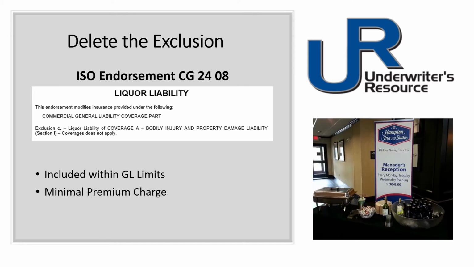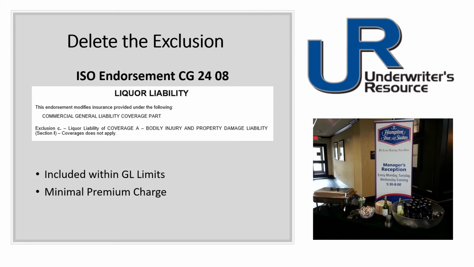The second option would be to delete the liquor liability exclusion. ISO does provide an avenue to do that by utilizing their own endorsement, CG 2408. And if you look at that below, it basically removes the liquor liability exclusion.